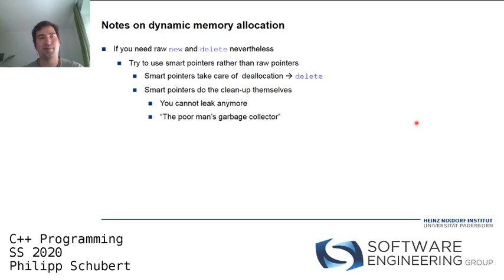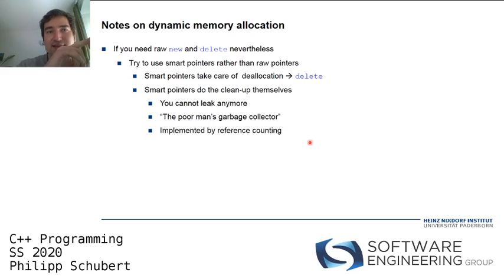This is also called the poor man's garbage collector, because it's no real garbage collector, but it's implemented under the hood by something which is called reference counting. We will discuss smart pointers in one of the next lectures, and how a smart pointer works. To give you a quick hint, it manages some piece of memory allocated on the heap, and it has the pointer to that heap memory, and also it stores the number of users of that piece of memory.